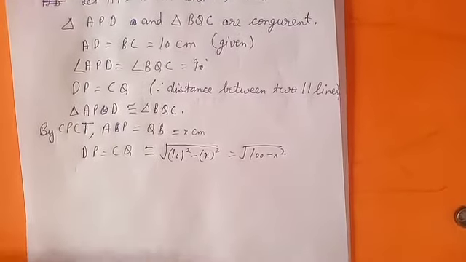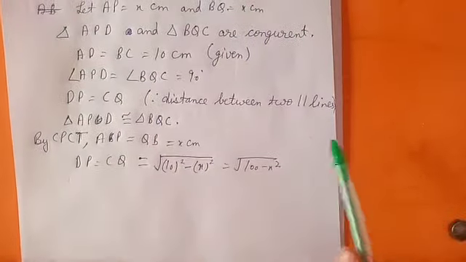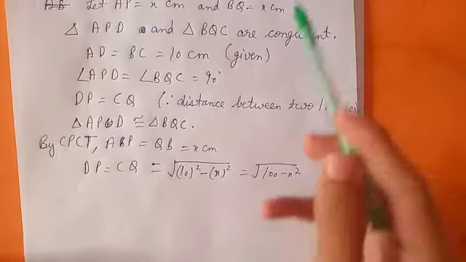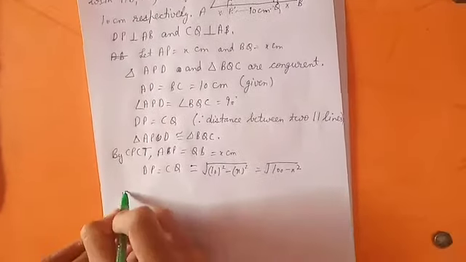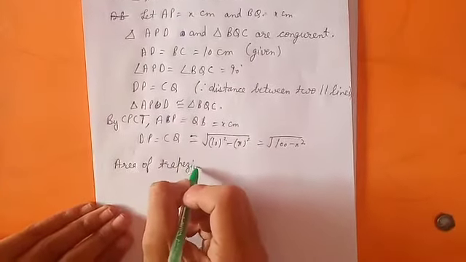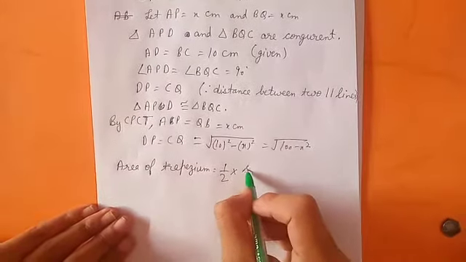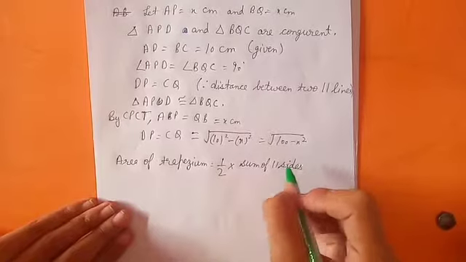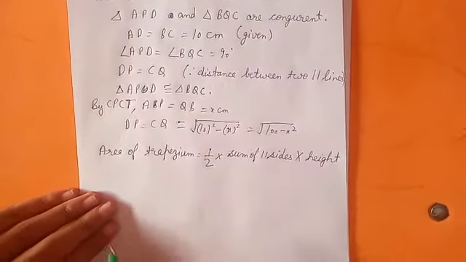Now we have to find the maximum area of this trapezium when it has three sides of 10 centimeter. So what is the area of a trapezium? Area of trapezium is 1 by 2 into sum of parallel sides into height.